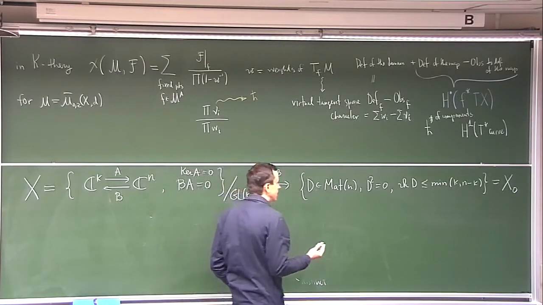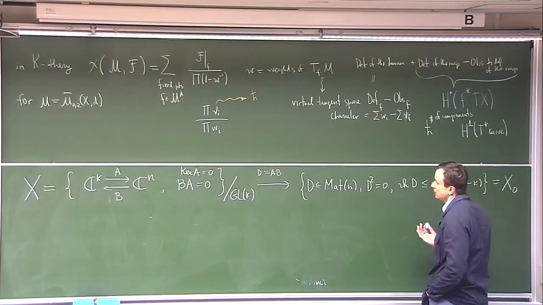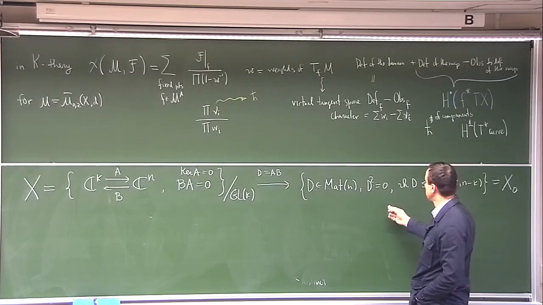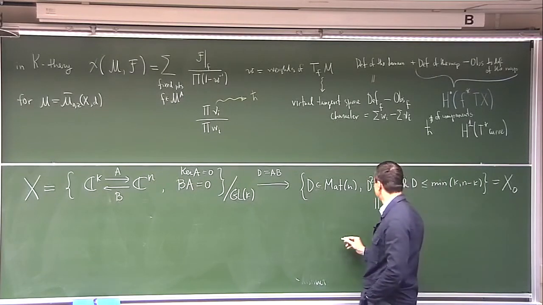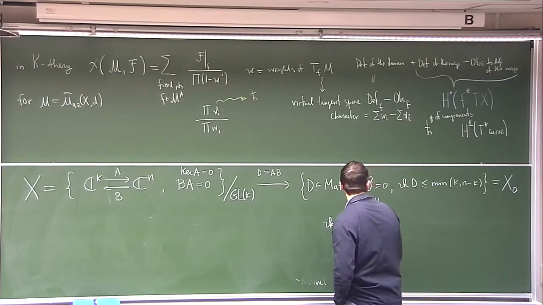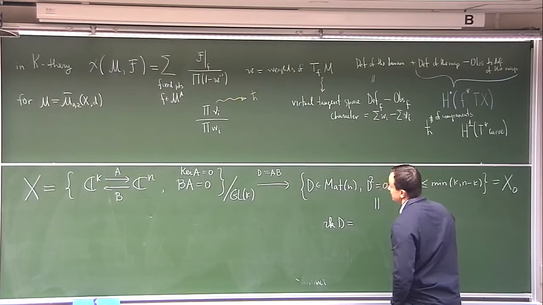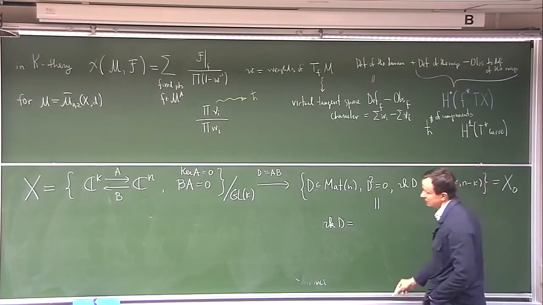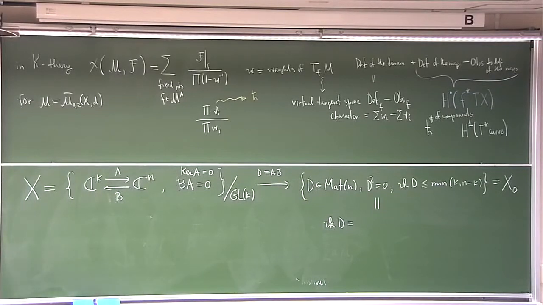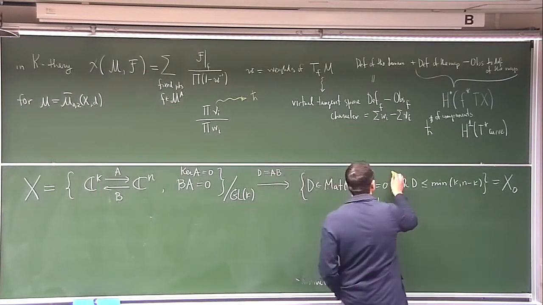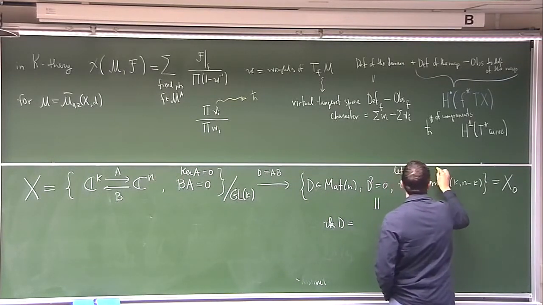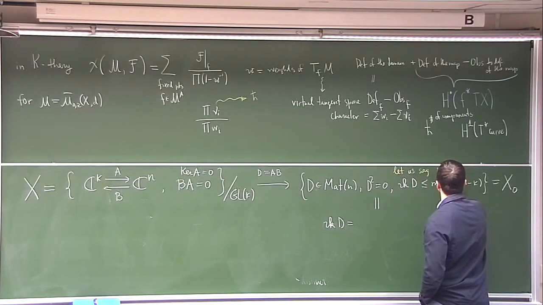So my variety, the components of the Steinberg variety are parameterized by the strata here. So this has some stratification. Maybe you take the rank of D. For concreteness, let's say that in fact k is equal to n minus k.